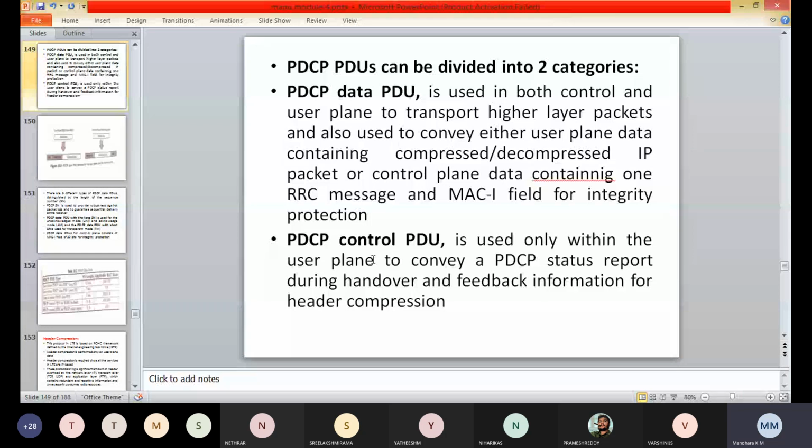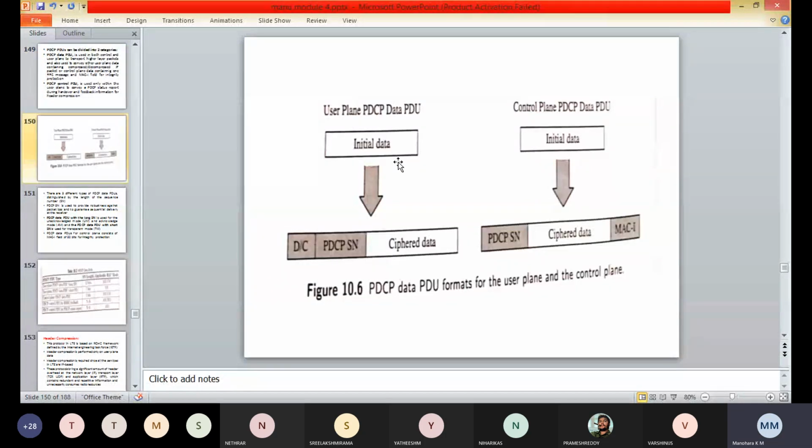This figure indicates the construction of the PDCP data PDU formats from the PDCP SDU for the user plane and the control plane. Here the various types of PDCP PDU are carried on the user and control plane. There are three different types of PDCP data PDUs, which are distinguished by the length of the sequence number, SN.